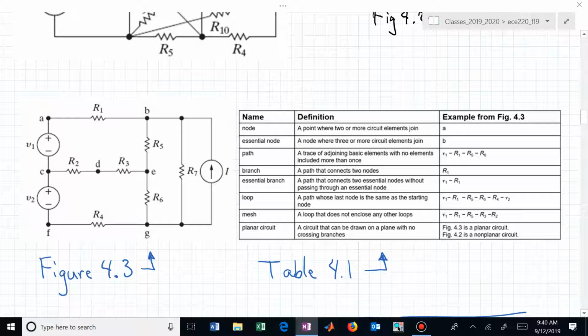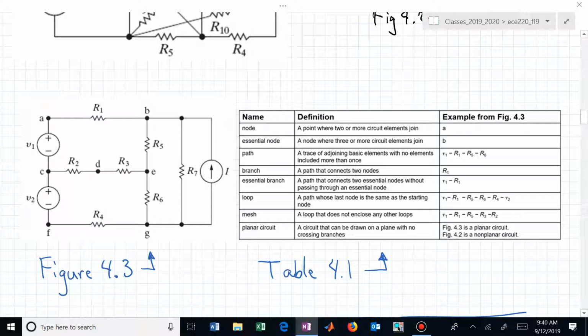If that's the case, can we identify some essential nodes in that circuit? There you're just counting elements that are connected to a particular node. If we look at node A, is that an essential node? There's just 2 elements that are connected at A. A is not an essential node. That doesn't meet the definition.